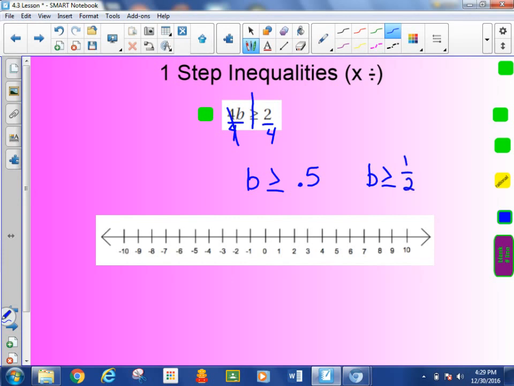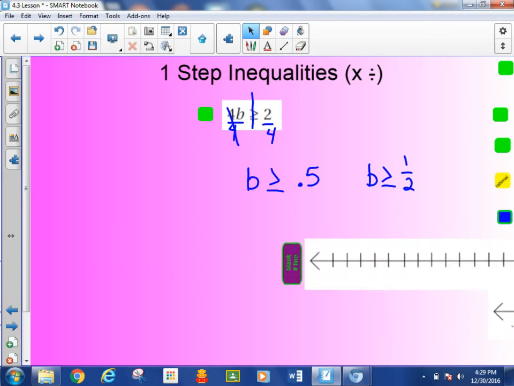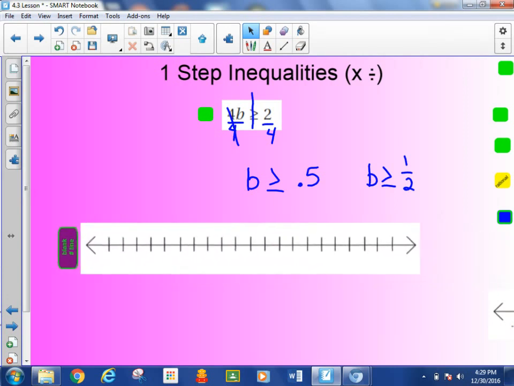Okay, so I'm going to go ahead and pull my other graph out here since that was an integer graph. I'm going to pull this blank one out so that I can actually do some rational numbers, which would include fractions and decimal numbers. Okay, so I'll go ahead and just use the decimal.